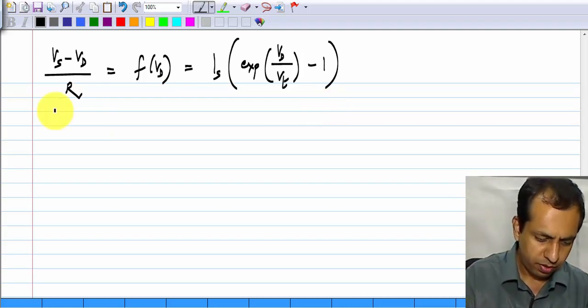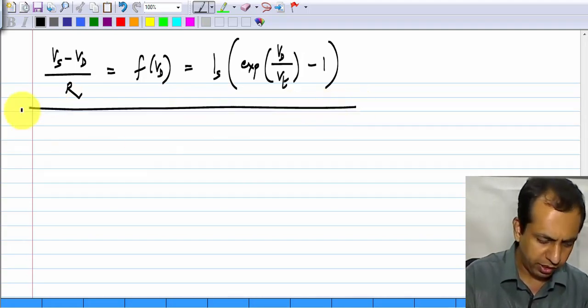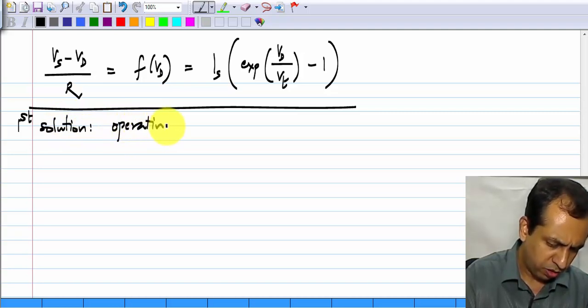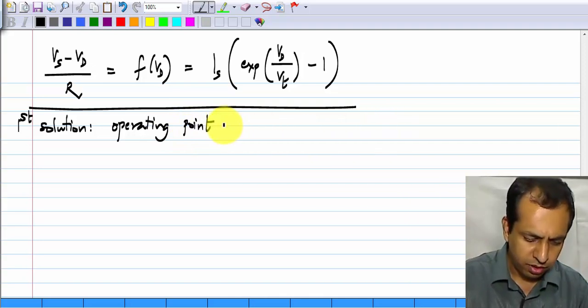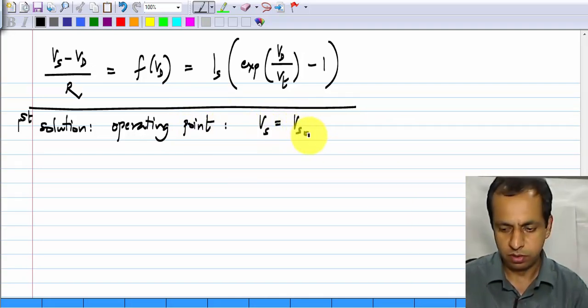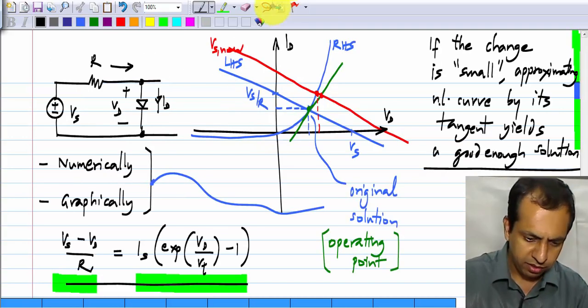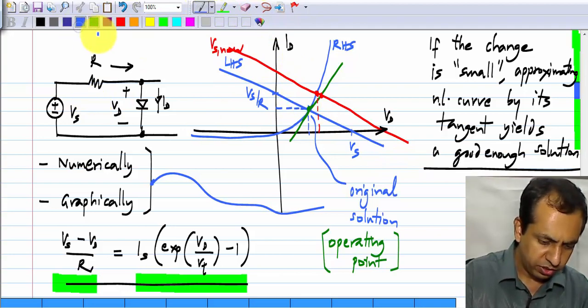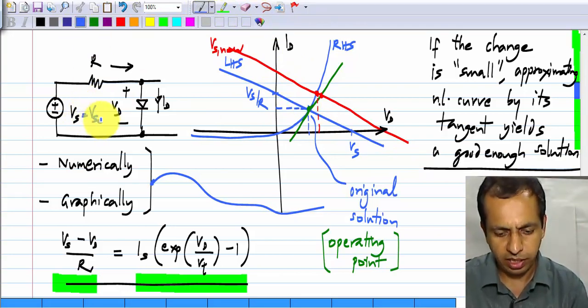Now let me say that the first solution, or the operating point that I calculate, is for Vs equals Vs0. So that means this blue stuff here I calculated when Vs was equal to some value Vs0. It does not matter what it is, it is basically the first thing I calculate.